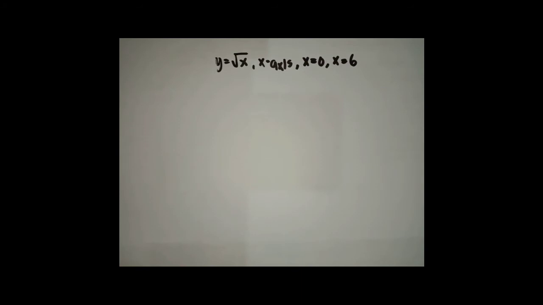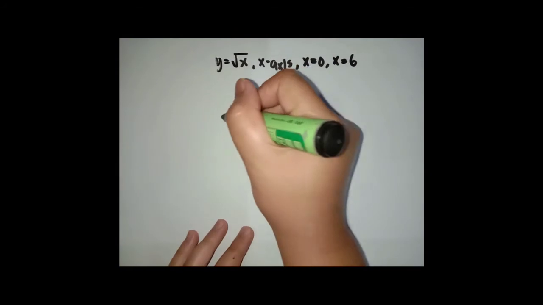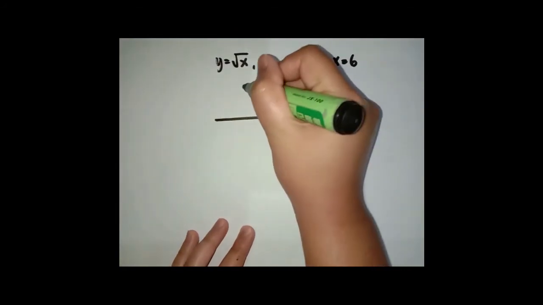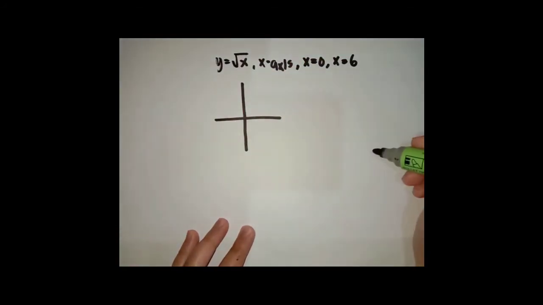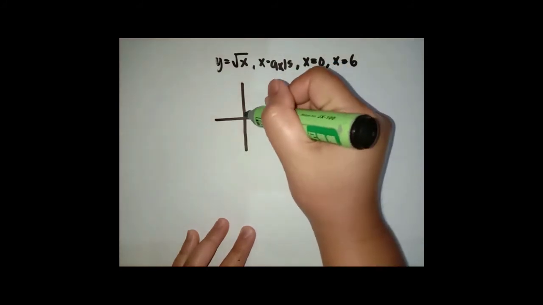The first thing you need to do is plot the function. The square root of x looks like this.